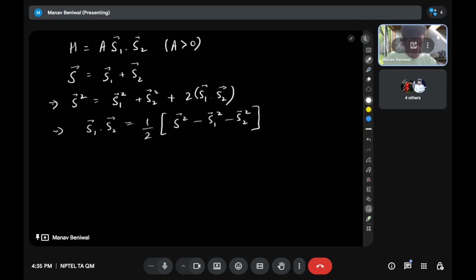Let me write that the commutator of S1 and S2 is 0, so they commute. Because they are spin half particles, S1 is half and S2 is also half.